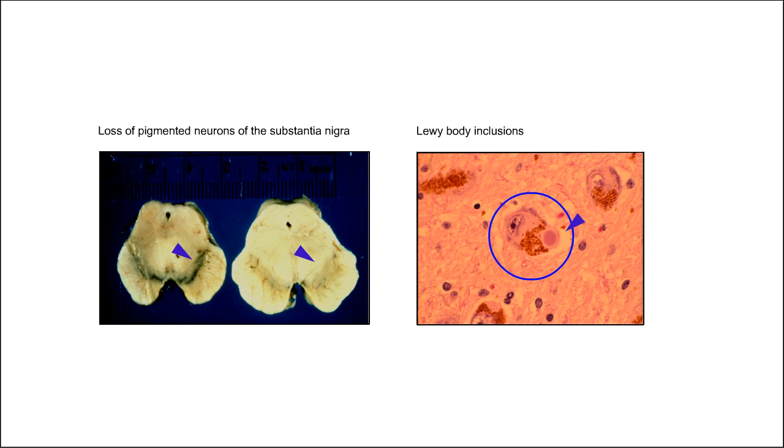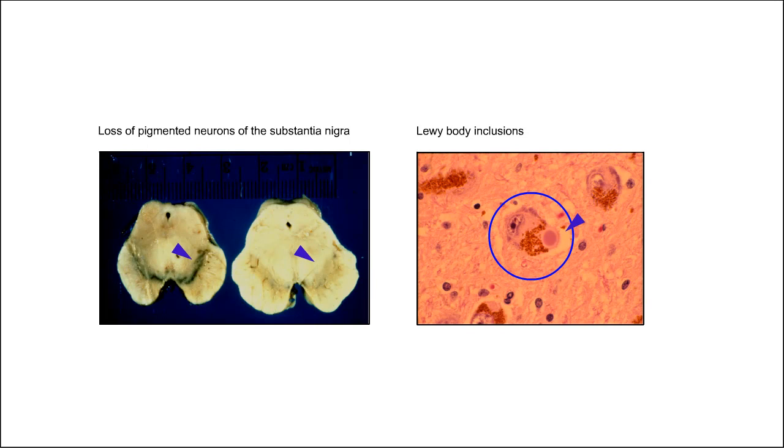What is interesting about synuclein is that, as you are all aware, in the brain of patients with Parkinson's disease you see a loss of pigmented neurons of the substantia nigra. These are the neurons that produce dopamine. You can see the dark region here in a healthy brain, and the one to your right is in a patient with Parkinson's disease.